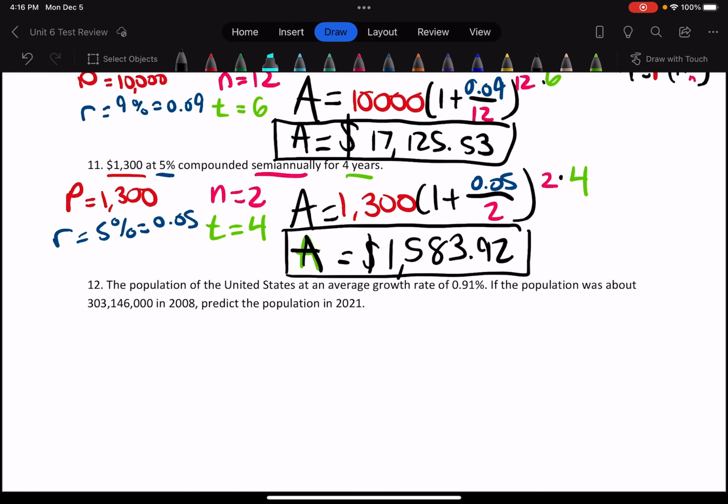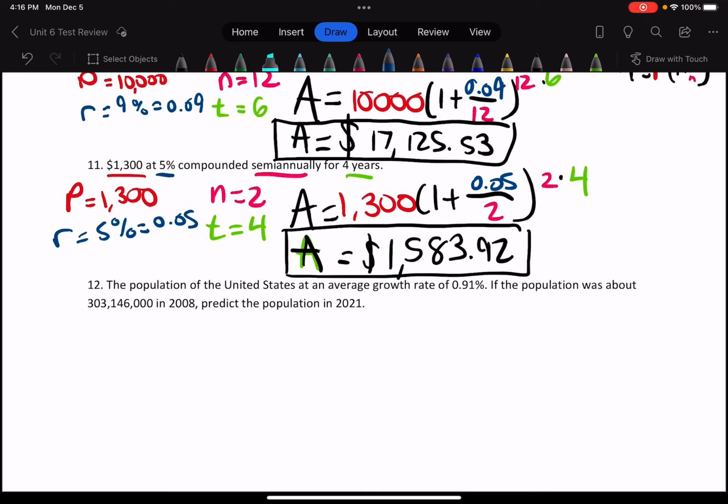And the last one, we saved this one for last because it's going to give you a big number because we're dealing with population. So the population of the United States of America has an average growth rate of 0.91%. If the population was about 303,146,000 people in 2008, we want to predict the population in 2021.